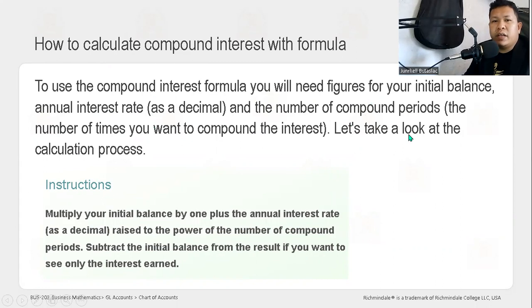So let's take a look at the calculation process. Okay, so this is the instruction how to solve this compound interest, right? So multiply your initial balance by 1 plus the annual interest rate, in decimal form, raised to the power of the number of compound periods. Then subtract the initial balance from the result if you want to see only the interest earned.